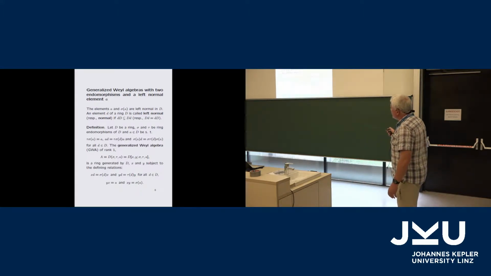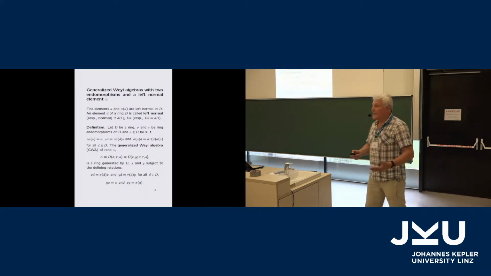So what is the generalized Weyl algebra? We start with the ring D and add two elements x and y. The condition defines the relations precisely as in the previous case. The only difference is that we replace sigma inverse by tau. And that's it. This is the theorem: this condition is necessary and sufficient in order that these relations make sense.